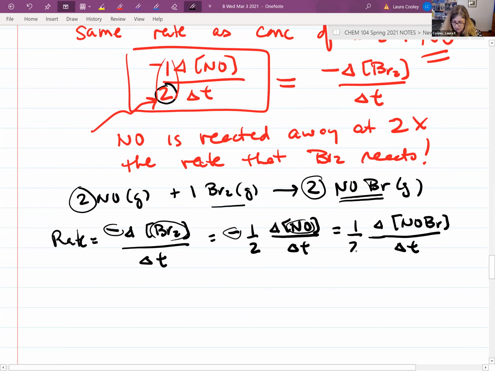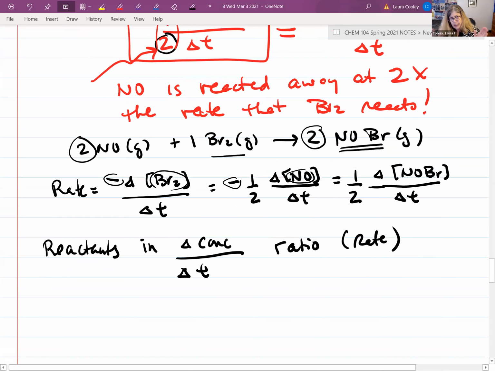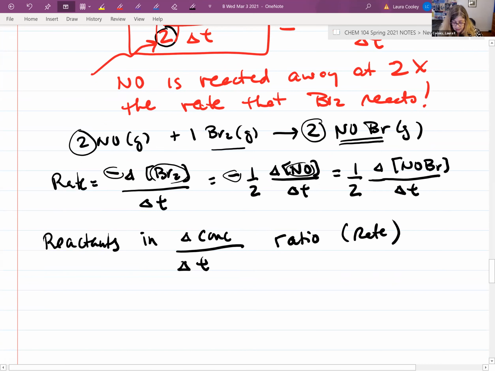I have to put a 1/2 in front of it. Okay, so for reactants, in this change in concentration over change in time ratio, which is the rate. So I'm not talking about the rate law now. This is really a different thing. This is how you would measure it.